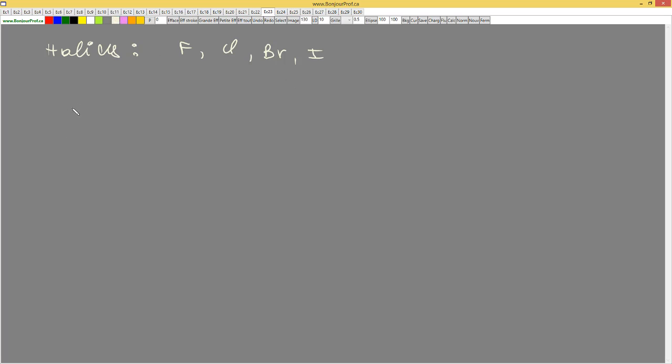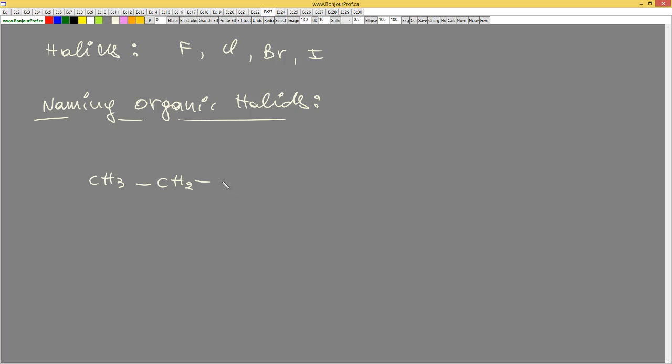So I'm going to take some examples. Naming organic halides. For example, say I have this one here, CH3, CH2, CH2, Cl here, Cl here, CH, CH3, CH3.